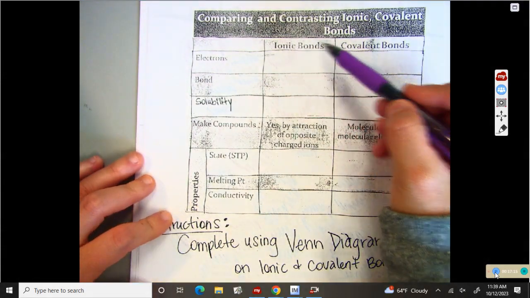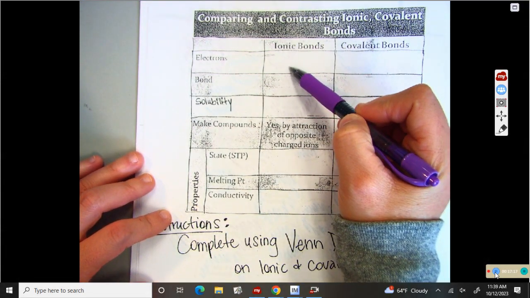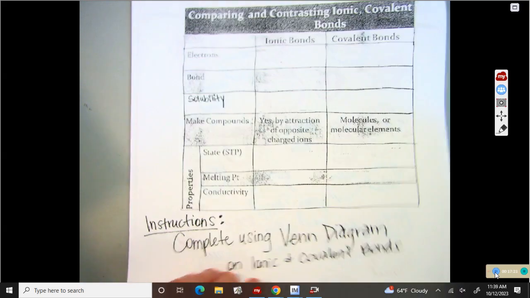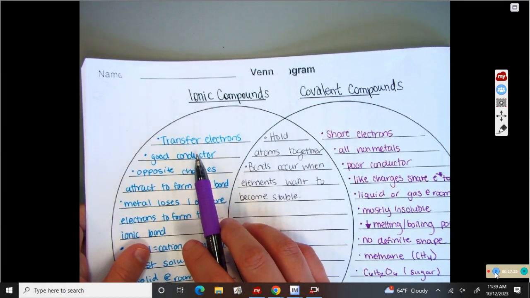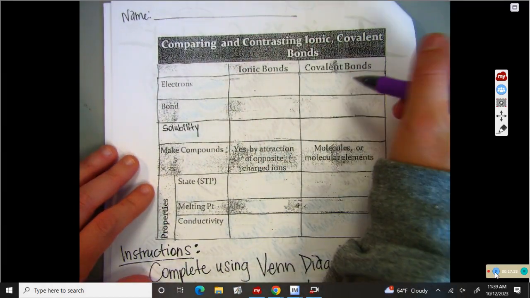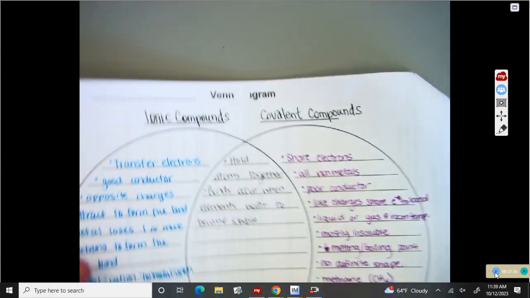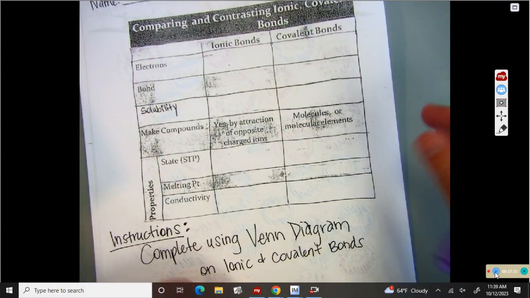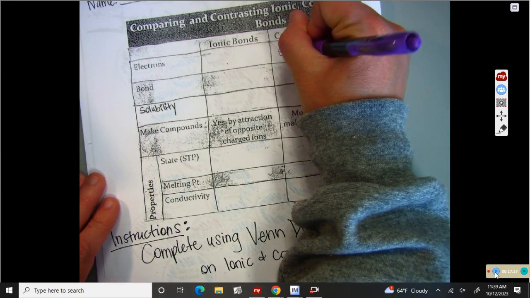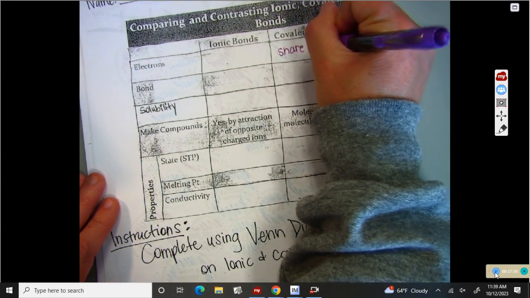Look at ionic and covalent and tell me, in ionic, are electrons shared or transferred? Look at your Venn diagram. It says ionic bonds transfer electrons. For covalent, are they shared or transferred? Here it says covalent shares electrons. And stick with the same color. So we're going to share electrons.